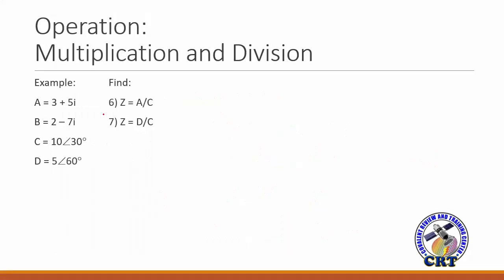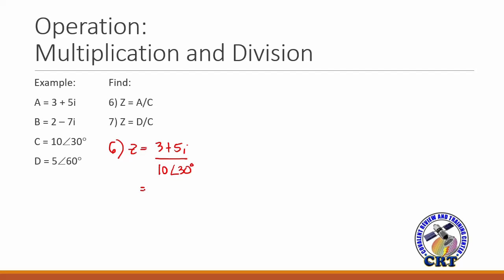Example number 6. Z equals a, 3 plus 5i, divided by c, 10, angle of 30 degrees. So let us convert the numerator to polar form.